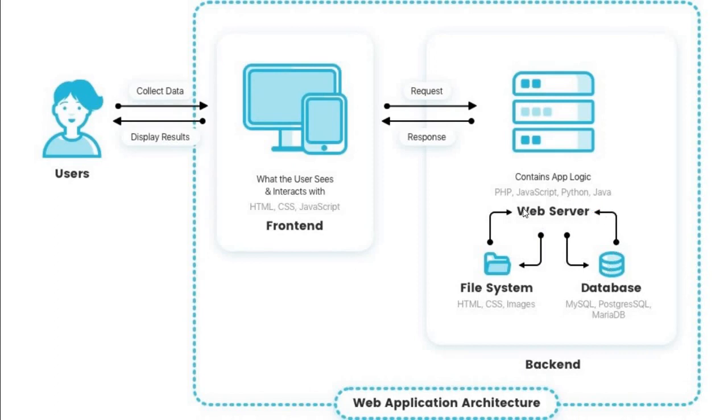Whatever response is there in the web server is given back to the front end using this response. Can you see the response? This is the request given to the application layer. This is the response by the application layer. Now this response will display the result to the user. You can see front end technology is used to display the results.